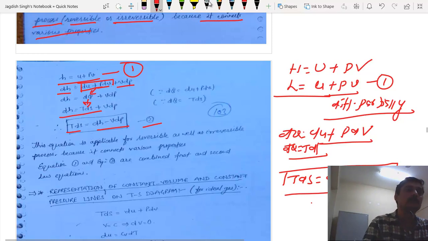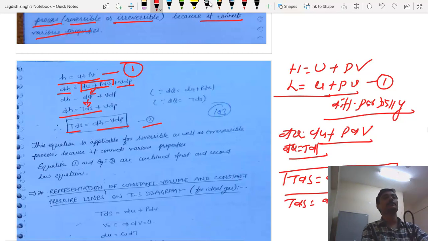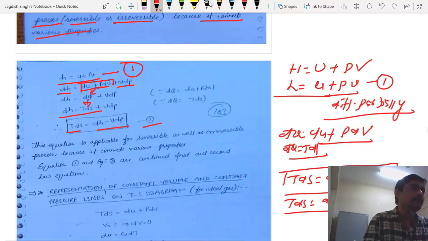So we have two equations. Tds is equal to du plus pdv and Tds is equal to dh minus vdp. Simply, H is enthalpy, the summation of internal energy plus displacement work. We have to differentiate this equation and replace by this dq and Tds. We will get Tds is equal to dh minus vdp.